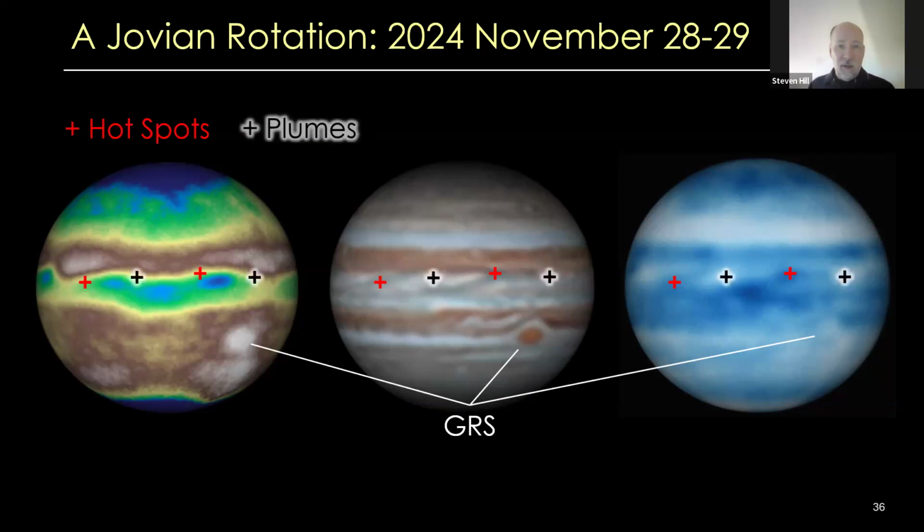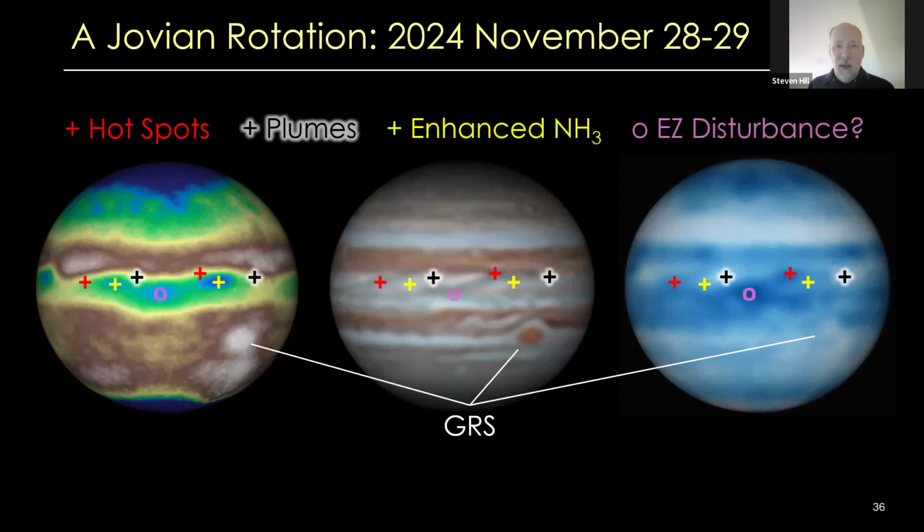Same thing with plumes, except those are the bright areas. And then enhanced ammonia areas are seen as the blue concentrations in the equatorial zone on the left plot. And then we have the mysterious lavender thing in the middle of the equatorial zone, which is pretty atypical, but probably has to do with the ongoing equatorial zone disturbance that was happening in 2024.